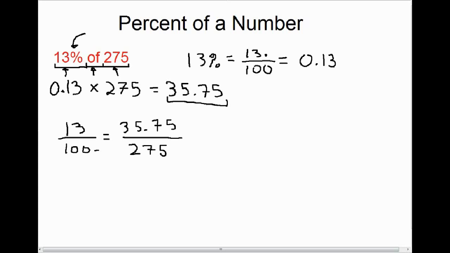But to change 100 to 275, it's not so easy to do, but we do multiply 100 times 2.75 to get 275, and if you multiply 13 times 2.75, it is 35.75, because just as we talked about in our fractions unit, whatever we do to the denominator, we have to do to the numerator. So it's important to understand what this 35.75 means, and it's an equivalent fraction out of 275, where the equivalent fraction is 13 over 100.